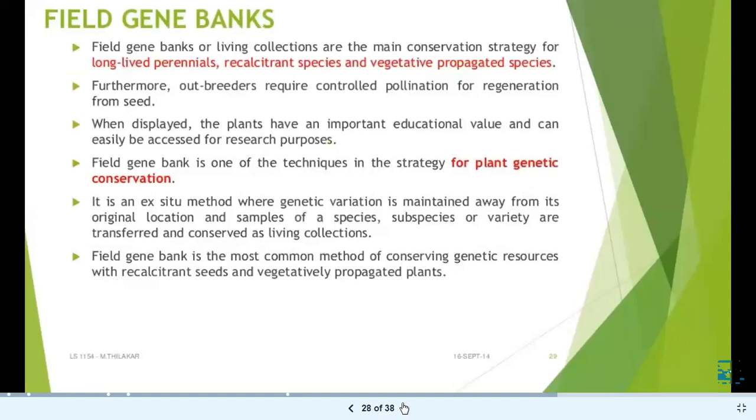Second, field gene banks. Field gene banks or living collections are the main conservation strategy for long-lived perennial plants, recalcitrant species, and vegetatively propagated species.